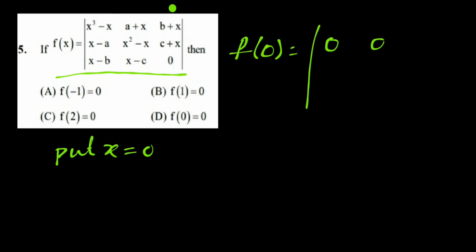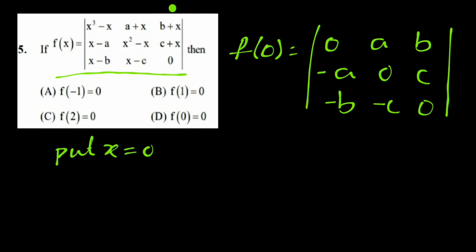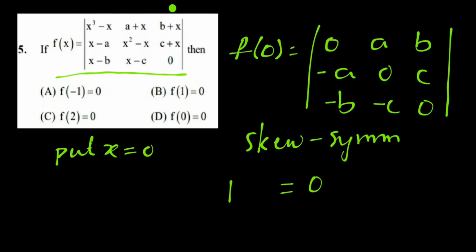Next, a, then b, then minus a, 0, and c, minus b, minus c, 0. You observe this is a skew symmetric matrix. The determinant of a skew symmetric matrix is 0. So f of 0 value is 0.